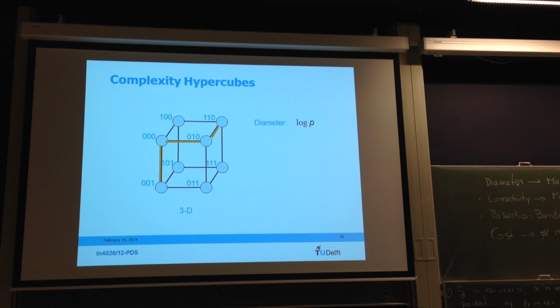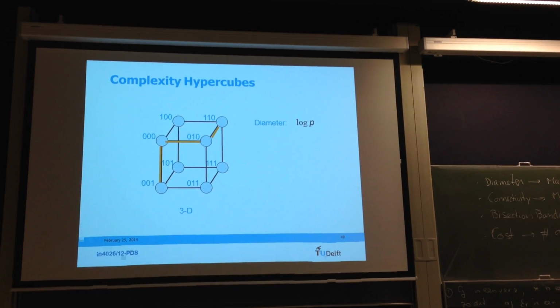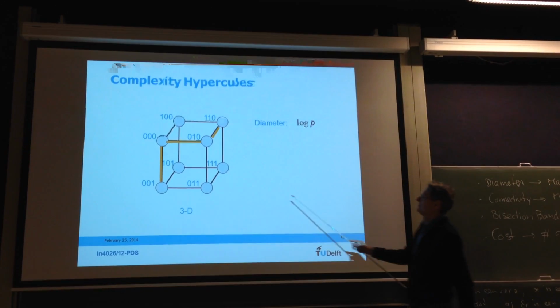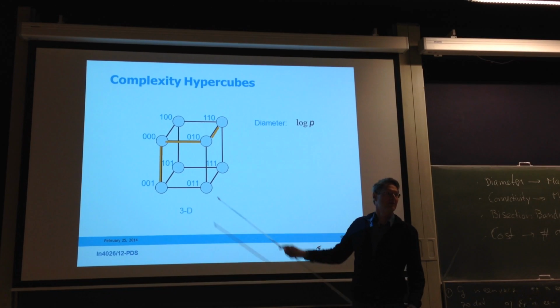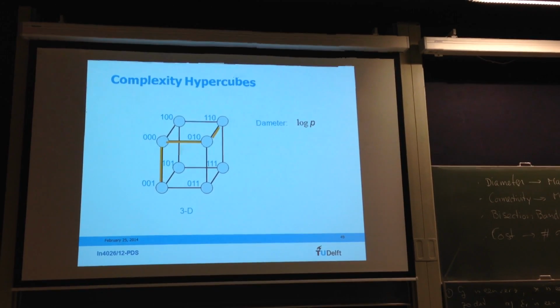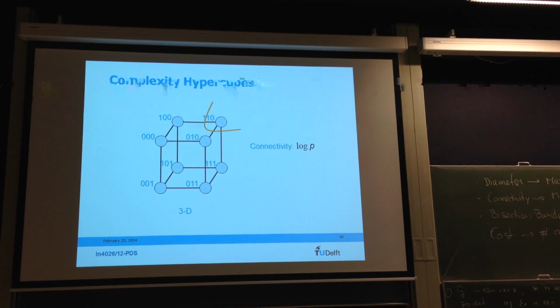Should be an easy question also. Also log p. Yeah, you're quite right. Because connectivity is just cutting a corner, right? Because they're all symmetric, and it has log p connections. Right? It grows with log p.